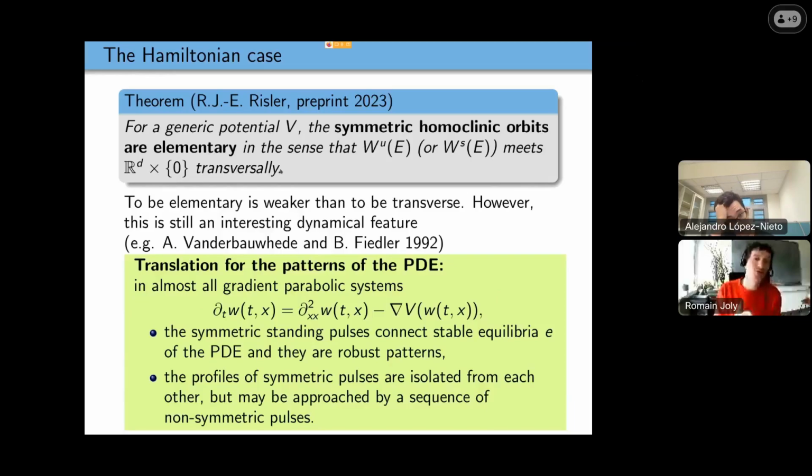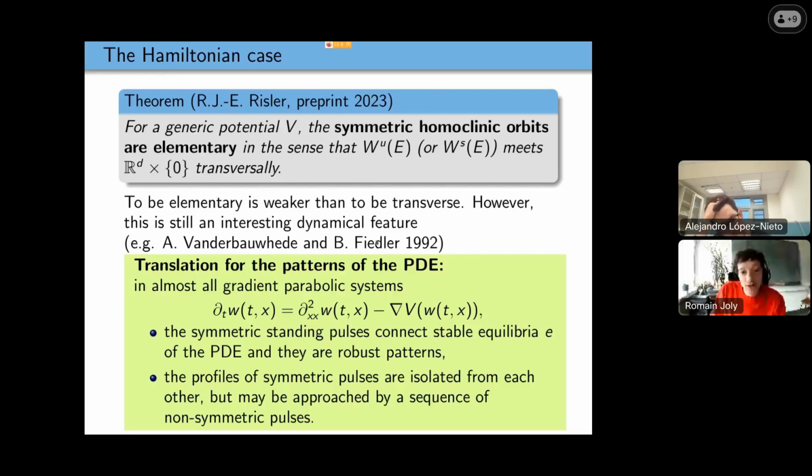Again, it's a robust geometric assumption. This definition of elementary is surprising, but it has its own interest. Just for reference, this definition comes from the work of van der Bauwhede and Fiedler, not recent, but old work.